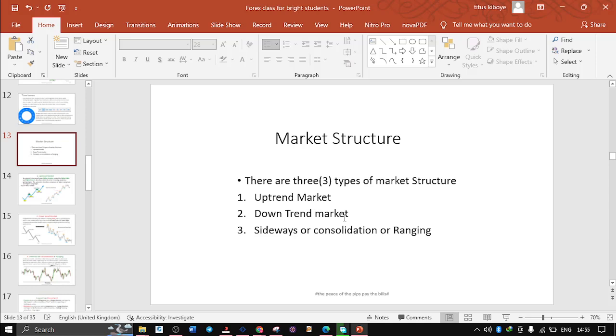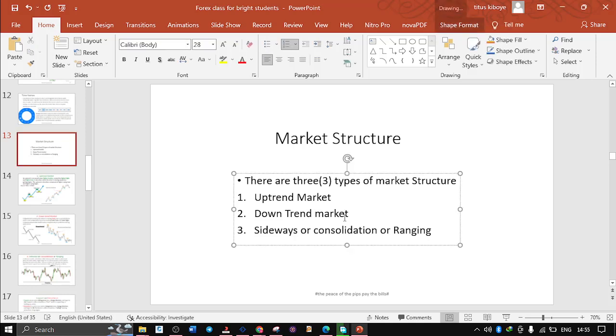Then we have the downtrend, where sellers are pushing the market lower, so we look for more opportunities of selling. Then a sideways or consolidation market, or ranging market. This is an undecided market whereby buyers and sellers are fighting against one another. Tug of war. Who is going to be stronger than the other?